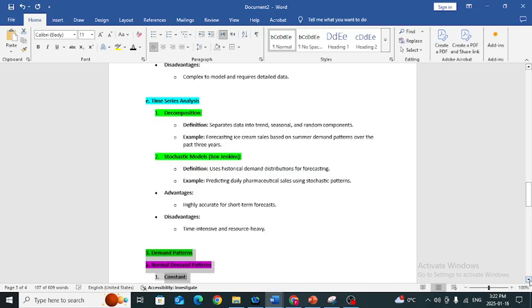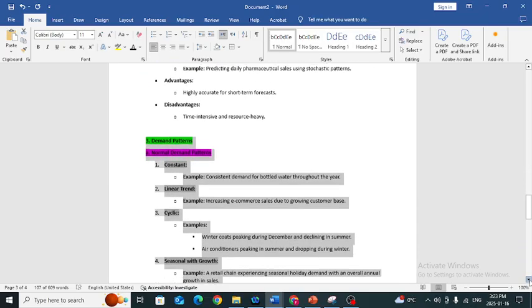The definition of this model is that it uses historical demand distributions for forecasting, for example predicting daily pharmaceutical sales using stochastic patterns, and it is highly accurate for short-term forecasts. That is a bullet point for the advantages of using this method. But being time intensive and resource heavy is the disadvantage of this method.